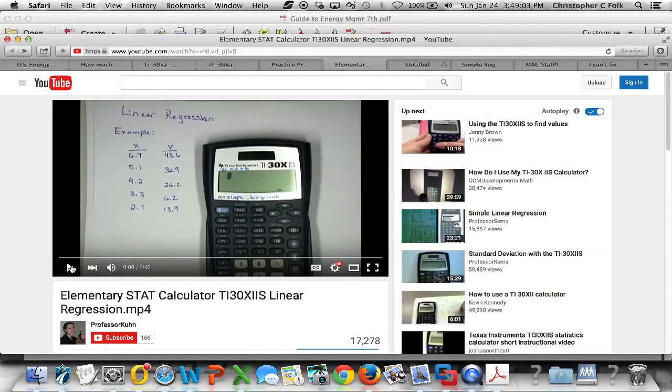All right. So I want to encourage you to watch this page because you're going to have to do some homework based on how to manipulate and how to use a calculator like this if you have one like this.